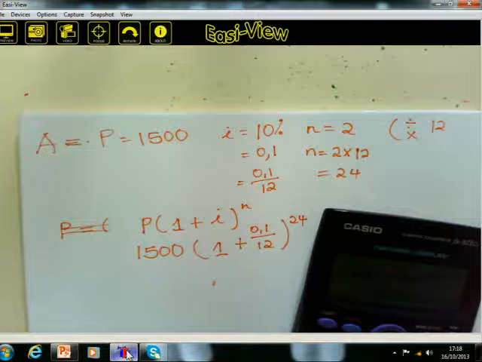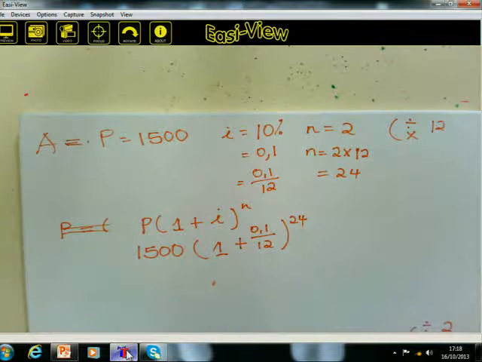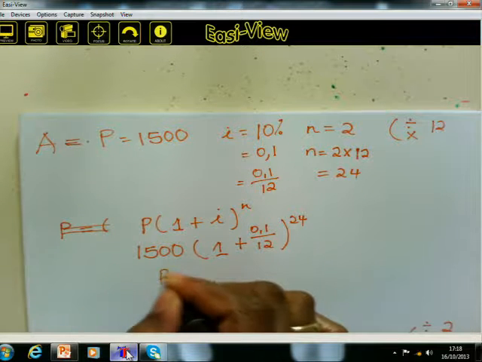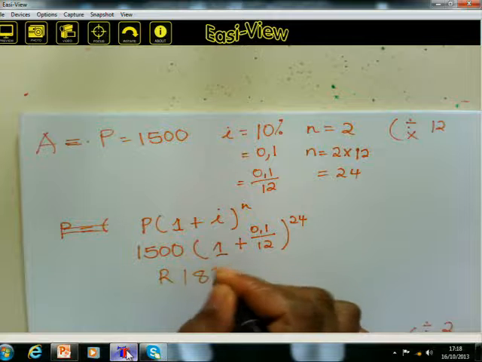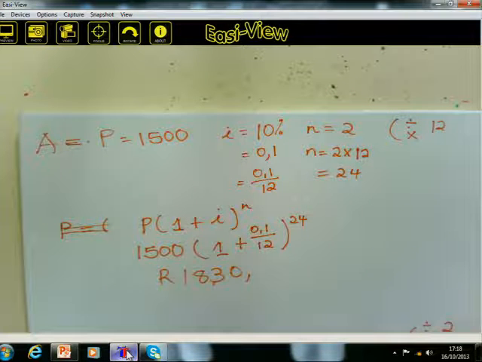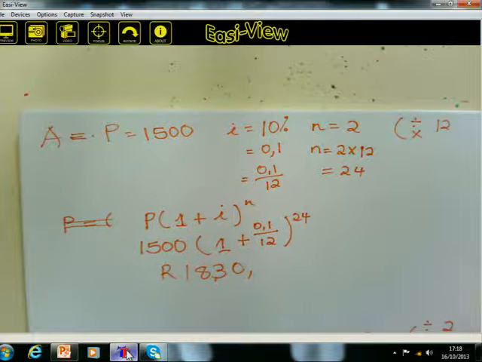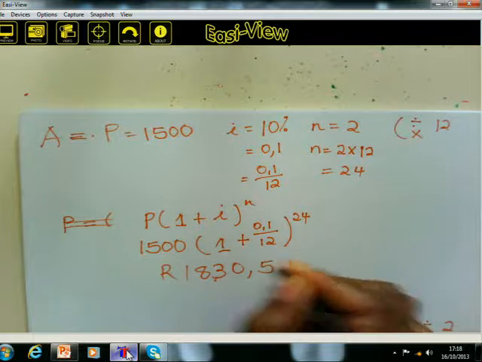How much did you get? I got 1,830.586442. So to 2 decimal places is going to be 1,830 rand 59 cents.